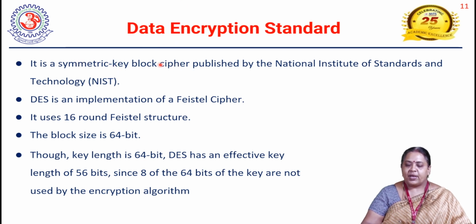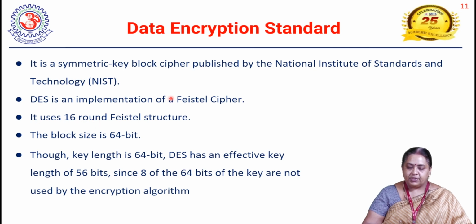This algorithm has been published by NIST, the National Institute of Standards and Technology. This DES follows the Feistel cipher; the DES algorithm implements the Feistel cipher. In this DES algorithm, we have 16 rounds and the block size is 64 bits. These are the main things we have to remember.